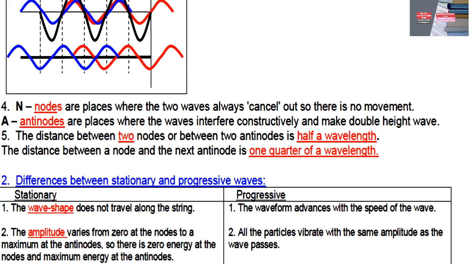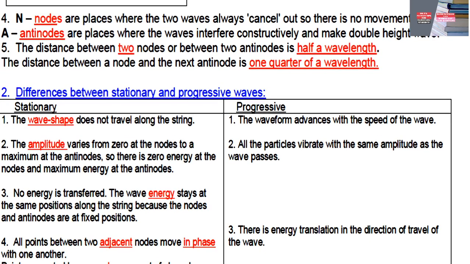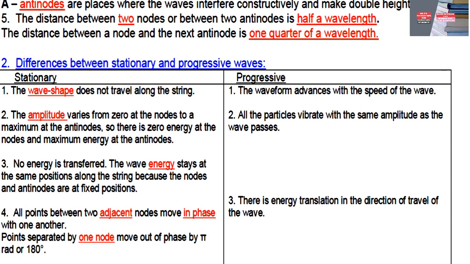Now let's look at differences between stationary and progressive waves. In a stationary wave, the wave shape does not travel along the string. As you can see, it always changes from maximum to 0 to the negative maximum, then to 0 again, and so forth.